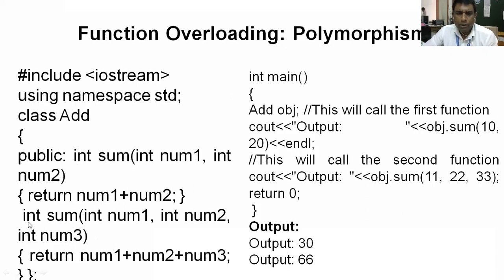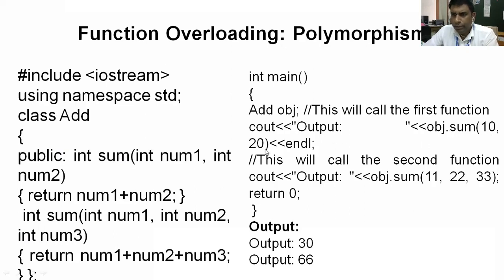When we pass three parameters to the function, we are calling this function, and when we pass two parameters, we are calling that function. So this is called overloading, or compile time polymorphism. Look at this object sum.